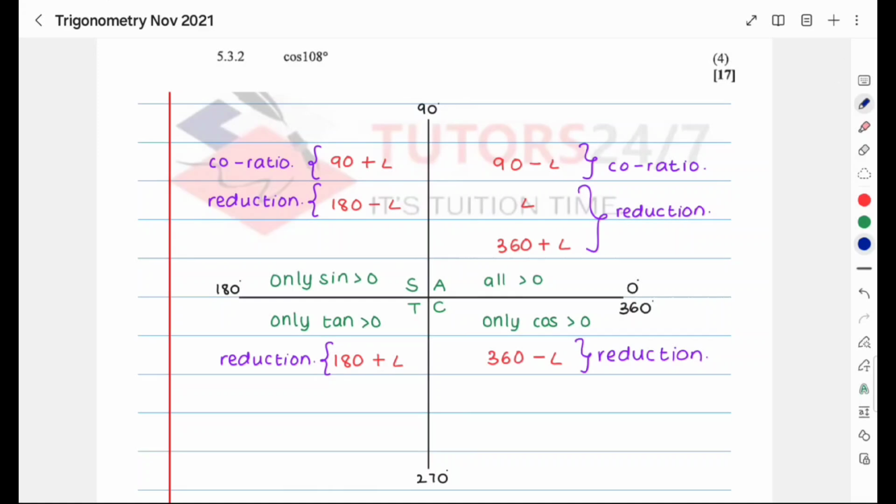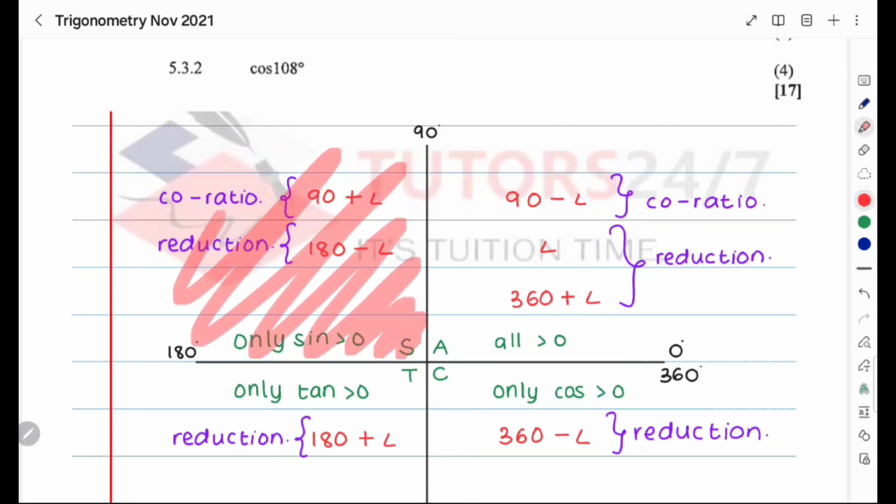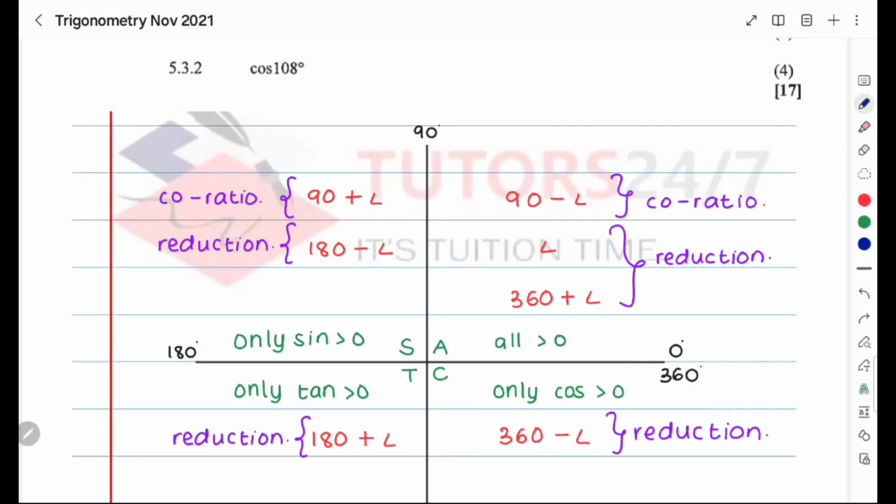We know that 140 degrees is greater than 90 but less than 180, meaning that it is in quadrant 2. So this is quadrant 2. Let us actually make a note, as that is something that I've left out.